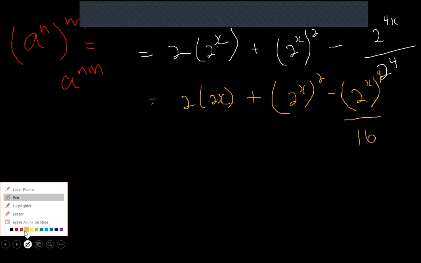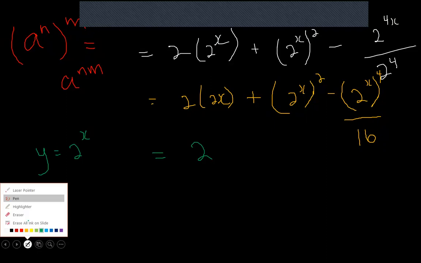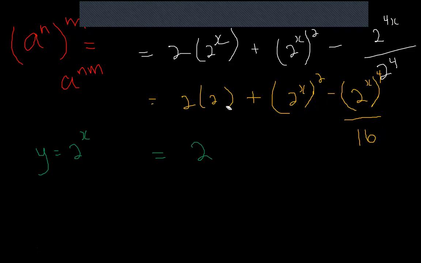What was the whole aim of this question? They told us that y is equal to 2 to the power of x, and they wanted us to write the expression in terms of y. Now I could do that. So 2, hold on, it's not 2x, it's 2 to the power of x.